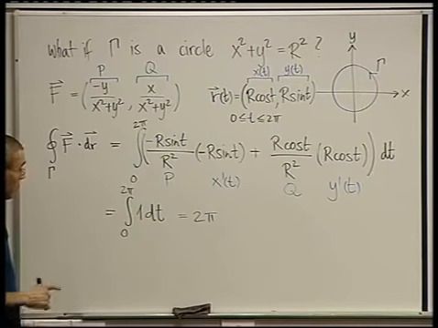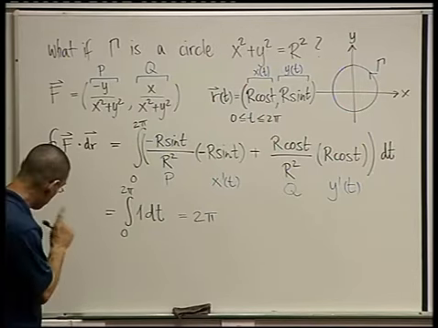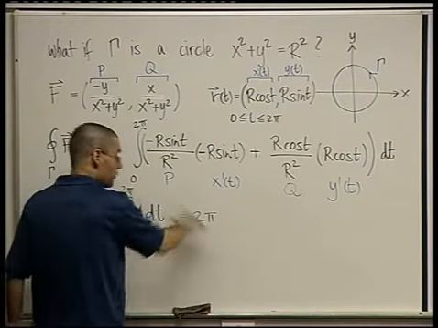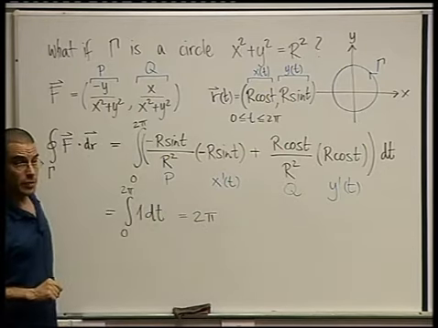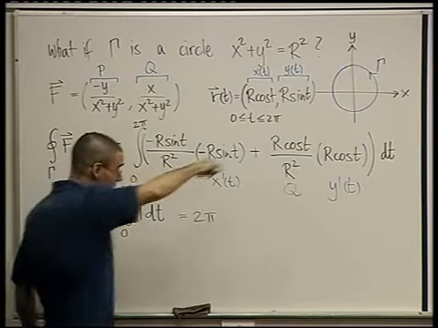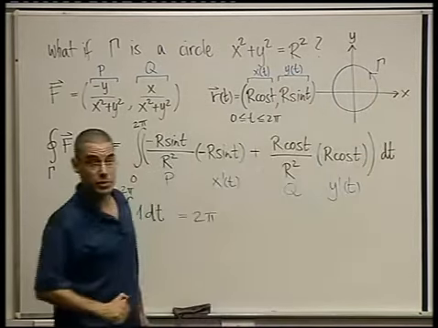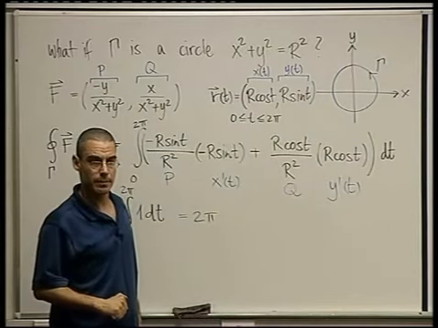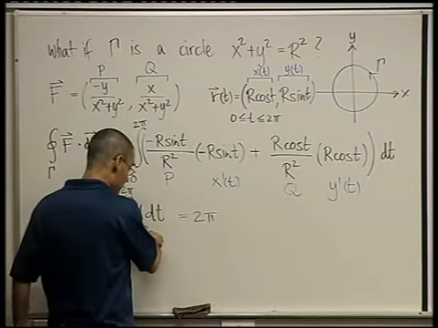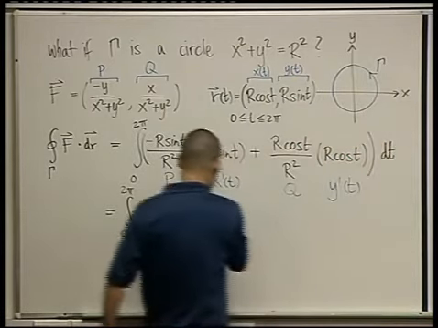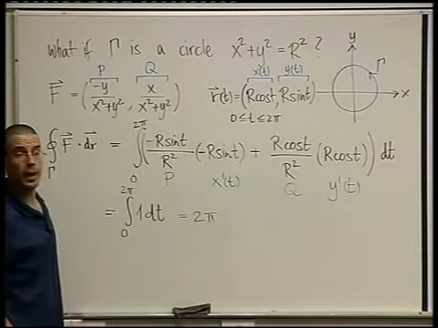Okay. So I want to point your attention to two things that just happened. One, the answer is not 0. For gammas which didn't include the origin, for gammas out here, we saw that the answer is 0 because of Green's theorem. But for a gamma that does circle the origin, the answer is not 0. In this example, it's 2 pi.